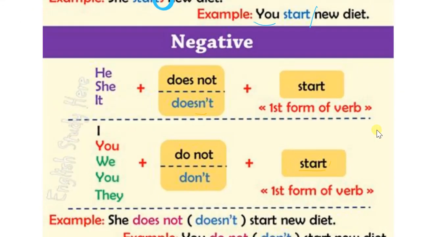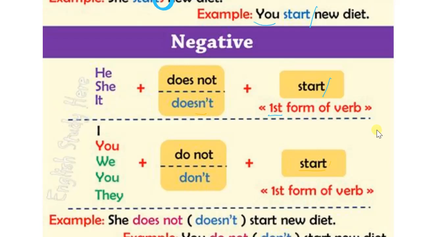When the pronoun is he, she, it, you need to use does not. It is called negative because of the word not. Does not, and then followed by the first form or the original form of the verb, no s.